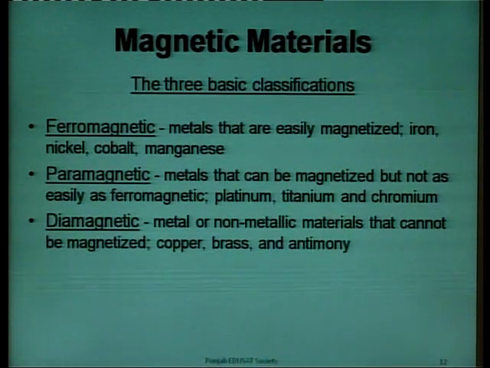Then the third is the diamagnetic materials. The metals or the non-metallic materials that cannot be magnetized at any cost are called diamagnetic, and the examples are copper, brass and antimony.